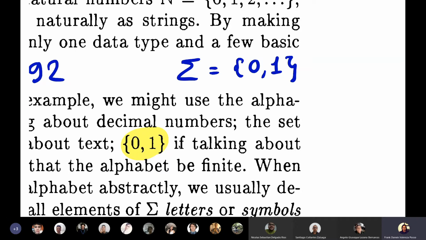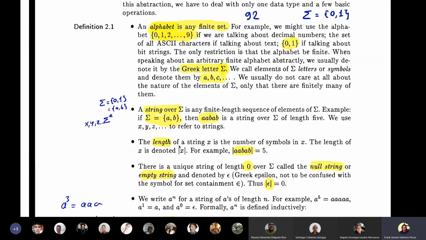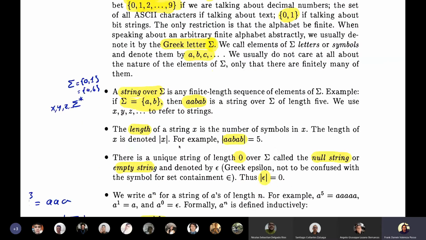So it is the most used alphabet. A string over an alphabet is any finite sequence of elements of sigma. As I said, if the alphabet is, for example, {a, b}, then aabab is a string over sigma, and its length is 5.